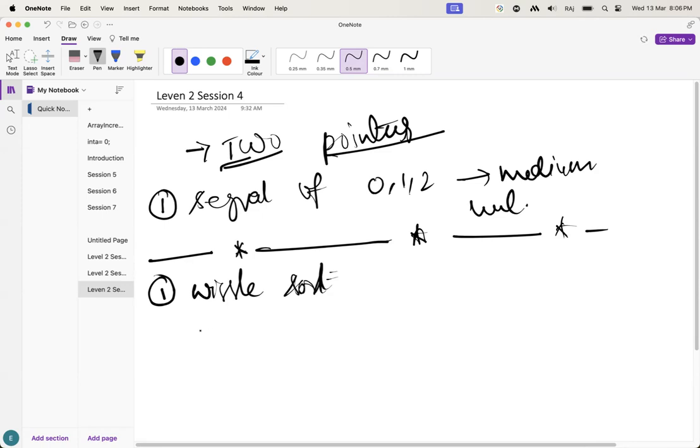That means, let's suppose there is an array. The index is 0, index 1, index 2, index 3, and index 4.